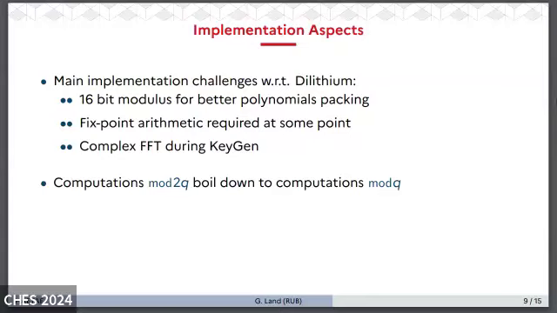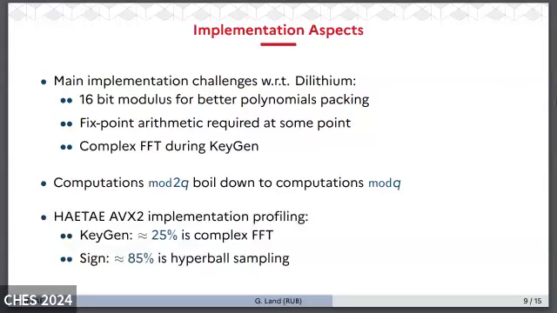And the most important challenge is what you see when you do a profiling of signing: 85% of the cycles go into hyperball sampling. That's even already for the AVX2 implementation.